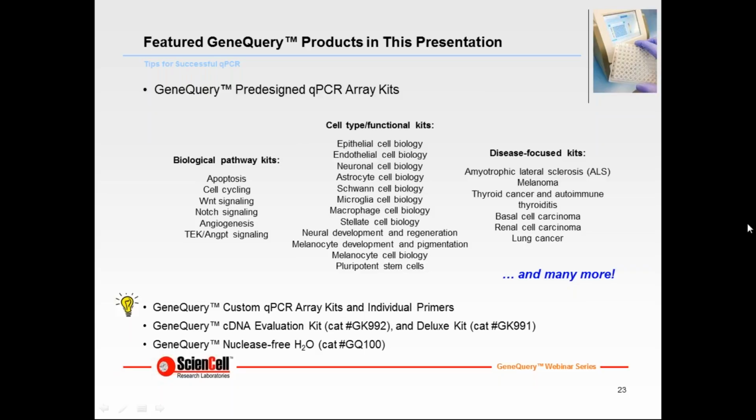It's obviously false. It skews your data. So that's why it's important to run all those controls to make sure that PCR inhibitors aren't in your samples.